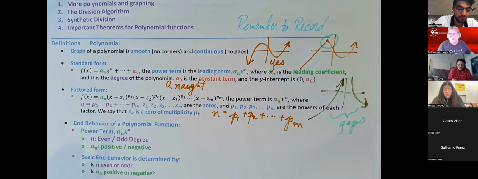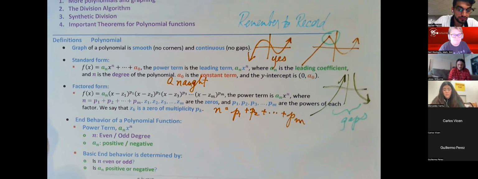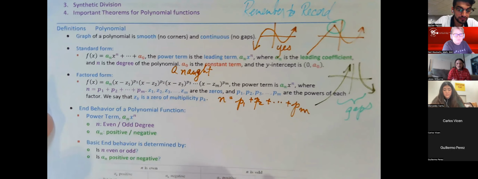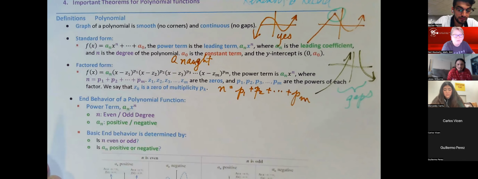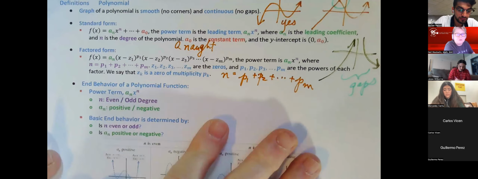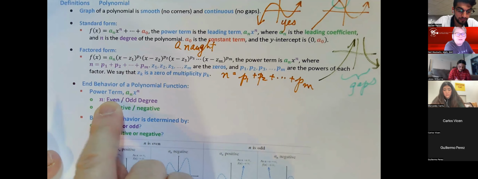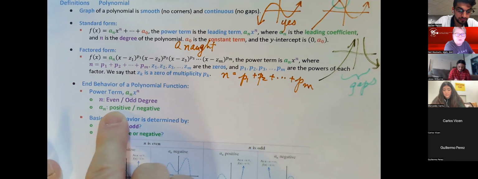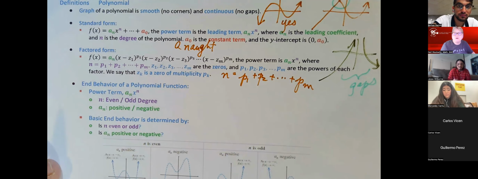So the exponents give you the multiplicities. Again, the power term gives you the end behavior, and we care whether or not n is even or odd, and we care whether or not a sub n is positive or negative.